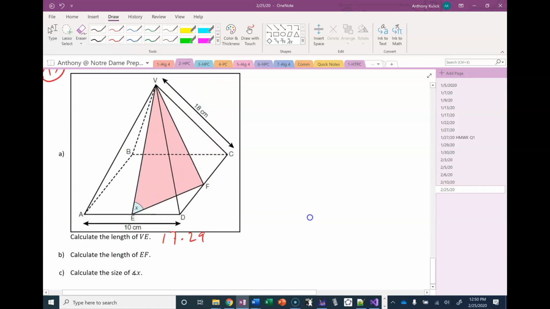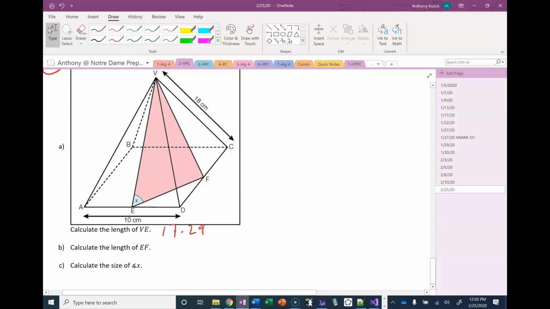All right, so next up we have EF. So what I'm going to do is observe that ED and DF are both 5 since E and F are midpoints.